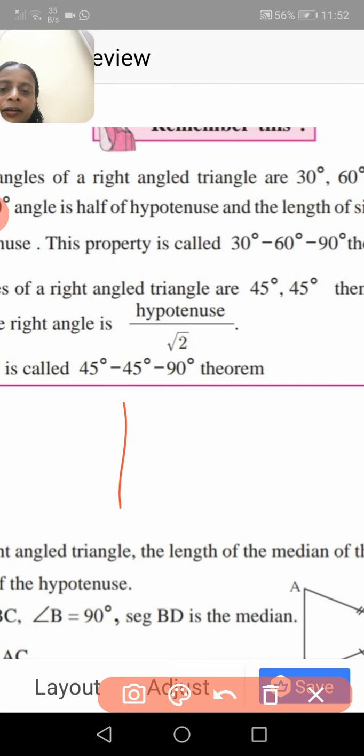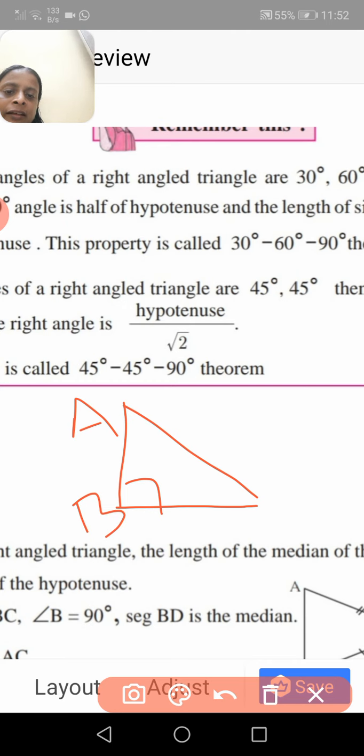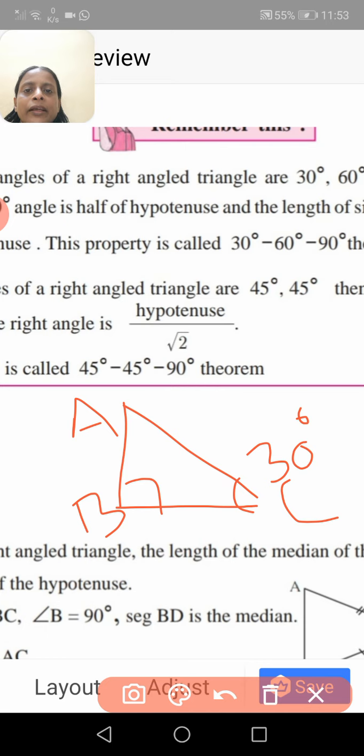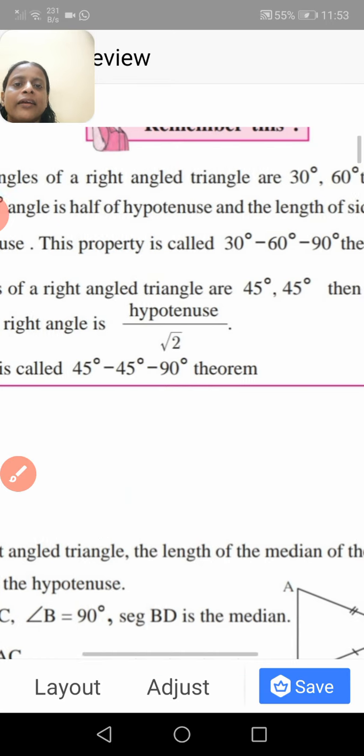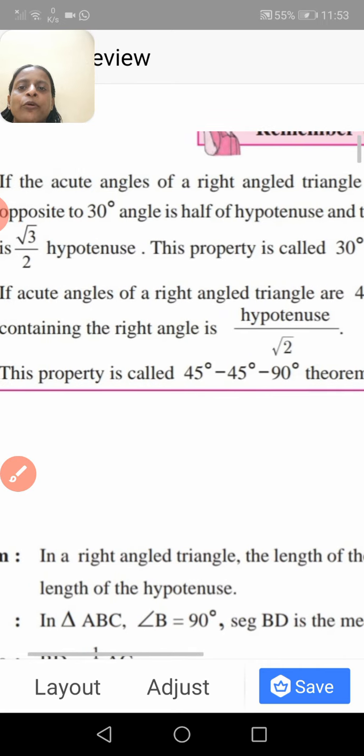In triangle ABC, if angle C is 30 degree, then side opposite to 30 degree, that is side AB, in this case side AB equal to half of AC, and same way side opposite to angle A, which is 60 degree, is root 3 by 2 times the hypotenuse.